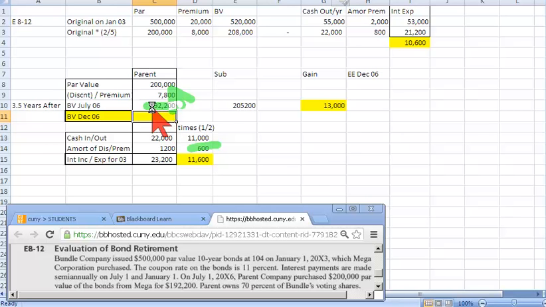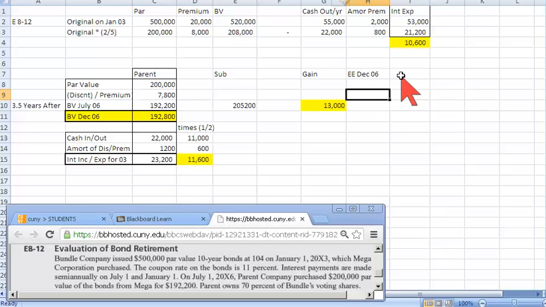So it's 192,200 plus the 600, which gives us 192,800. So we can actually start making our elimination entries.